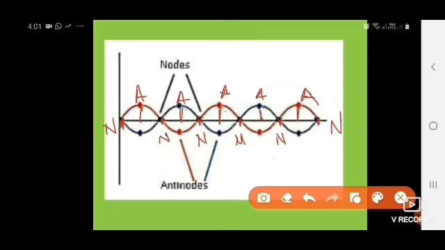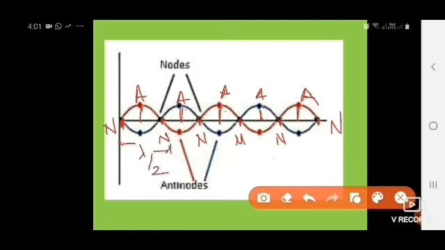The nodes are separated by distance lambda by 2, means the distance between two successive nodes is lambda by 2. Antinodes are also separated by distance lambda by 2, means this distance is lambda by 2.